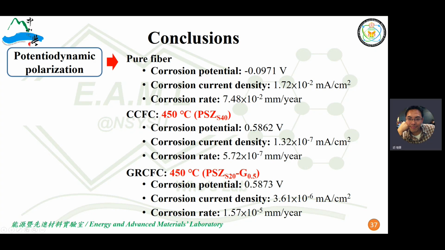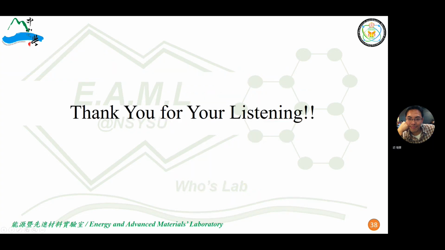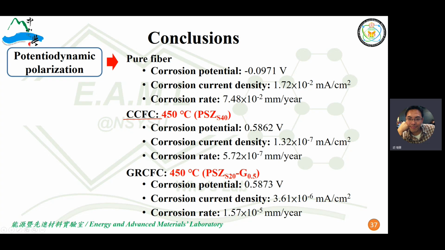Of course, the anti-corrosion test showed that the CCFC has the higher corrosion potential. This is the corrosion potential for the pure carbon fiber, and this is for the coated carbon fiber.